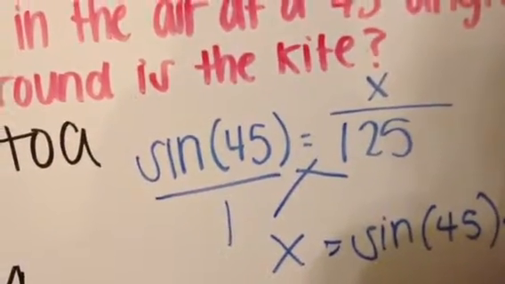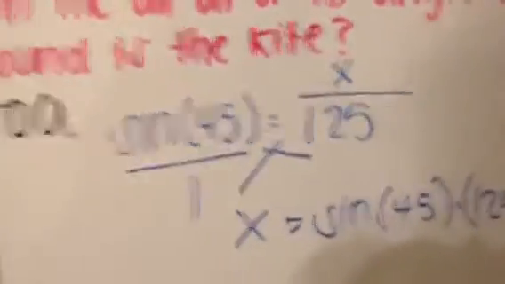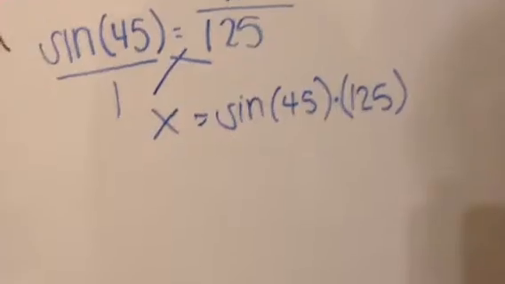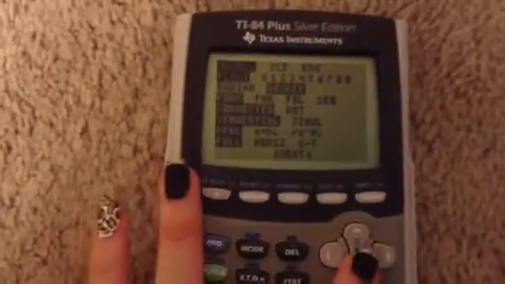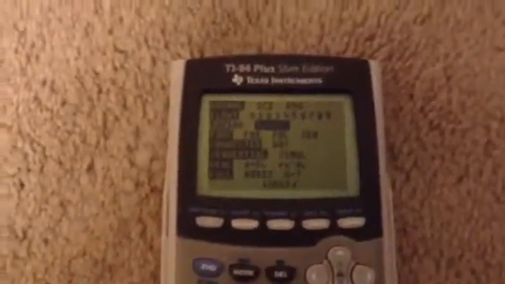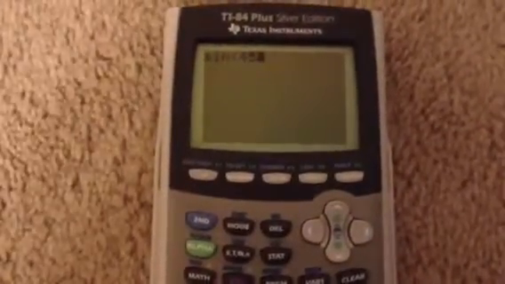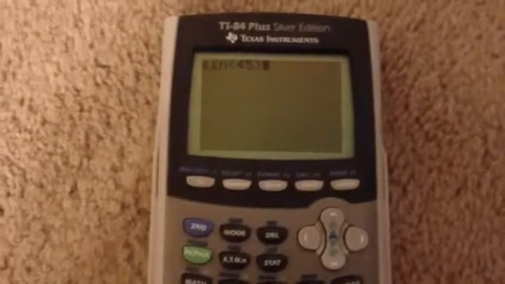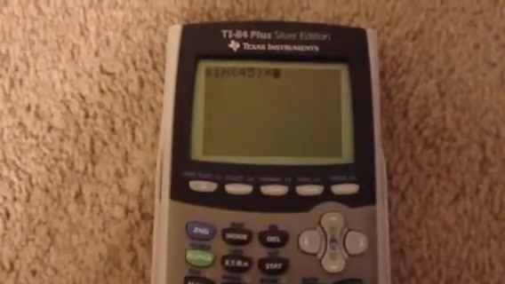times 125. And so you can't really do that without a calculator because you have the sine. So I use my calculator, and you have to make sure it's in degree mode right here. So you do sine of 45, and you close the parentheses, and you multiply that by 125.